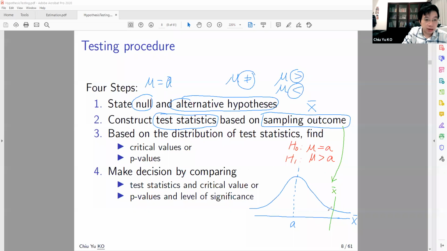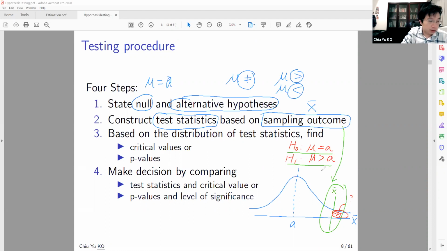The question is, is it far enough away from A to say H0 is not supported? How can we decide this? We will convert this to some number, and see if it is far away enough, which means that the probability of having this is super small, how small is it?